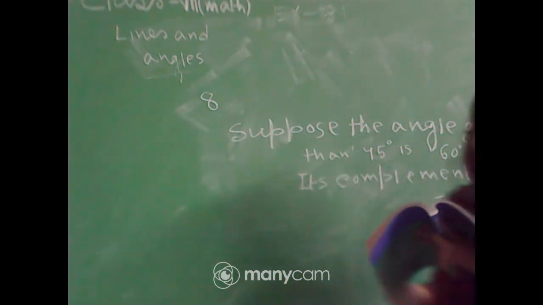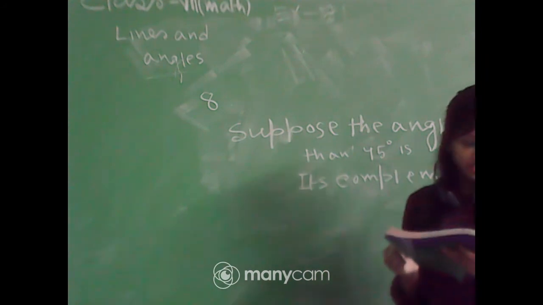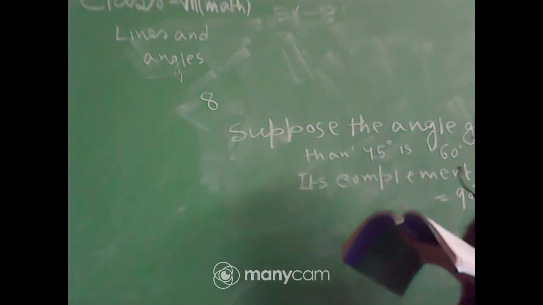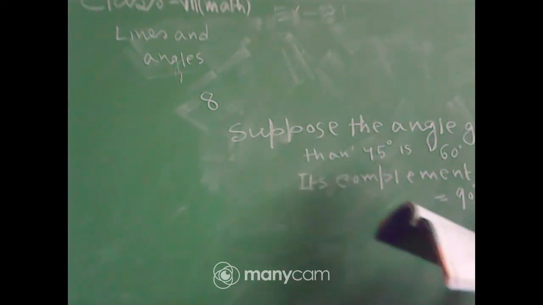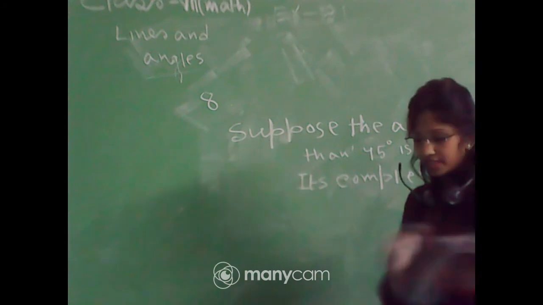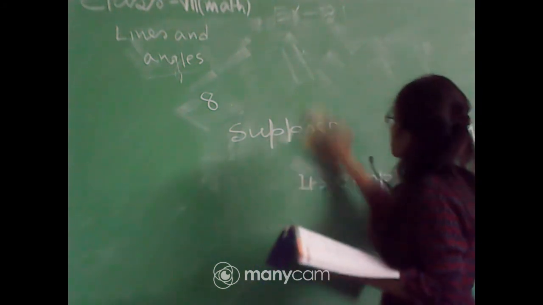Therefore, an angle greater than 45 degree is 60 degree and its complementary angle is less than 45 degree. We all see that. Next question.